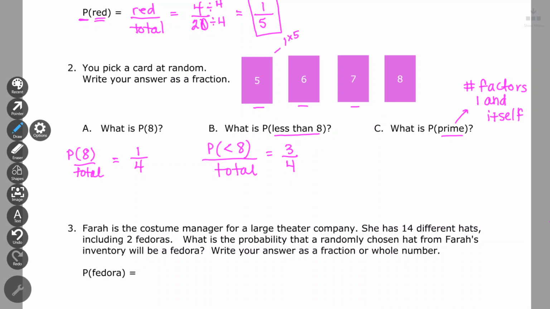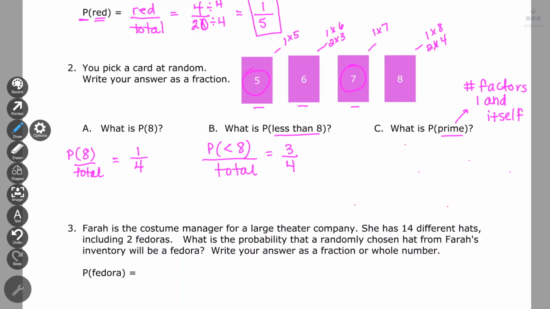The factors of 6 are 1 times 6 and 2 times 3. The factors of 7, 1 times 7. The factors of 8 are 1 times 8 and 2 times 4. So a prime number has a factor of 1 and itself only. So the only 2 prime numbers are 5 and 7.